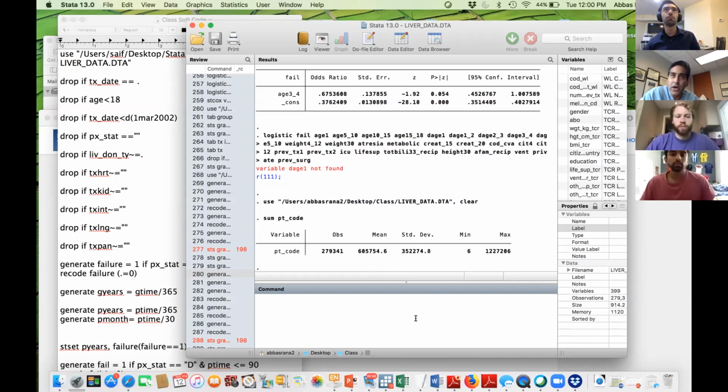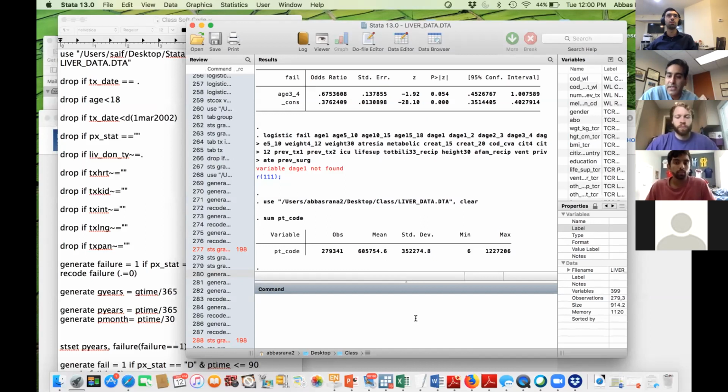It's important to know because some things are very good, like survival or the fact that a transplant occurred, because for regulation, it has to be submitted. So some things are really good, and other things are not so good. And that's part of the art, is understanding what each variable and which ones are good and which ones are usable.